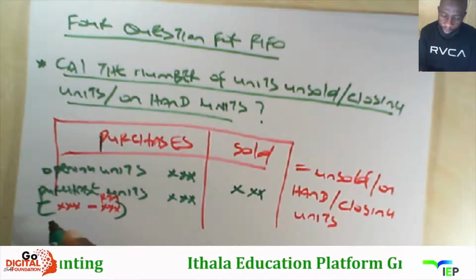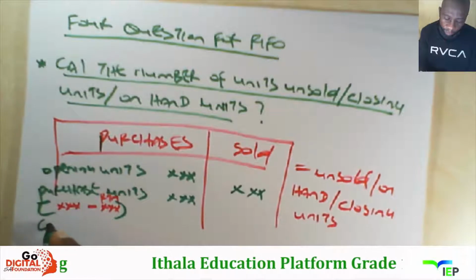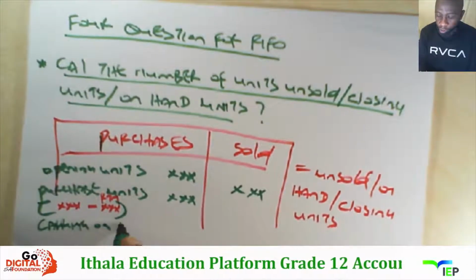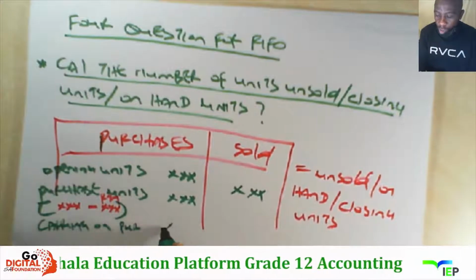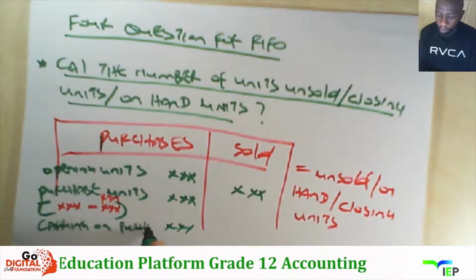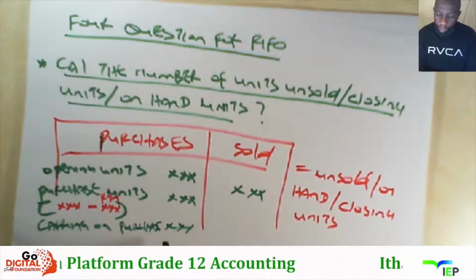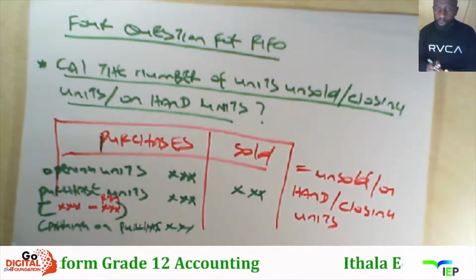Sometimes you can have carriage on purchases units, I'm talking about the units here. You put it there, import duty, customs duty.